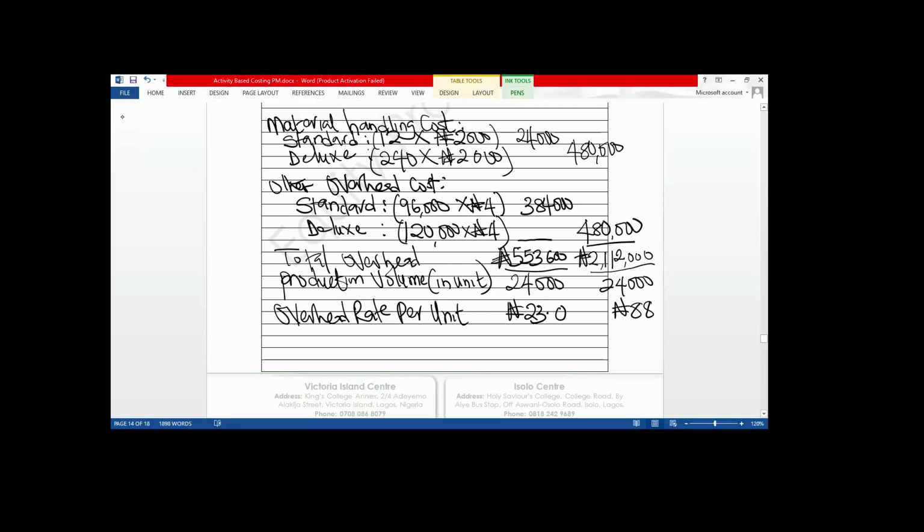So when you get your total, then you divide by the number of units produced. This is the appropriate response to this exam. Any question, please?